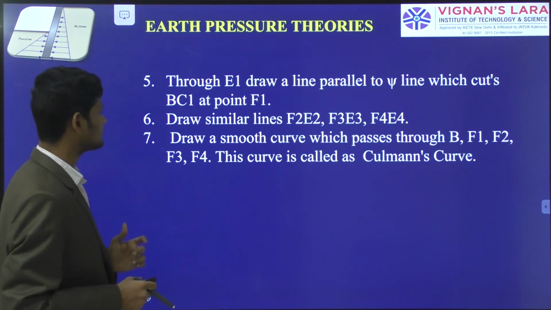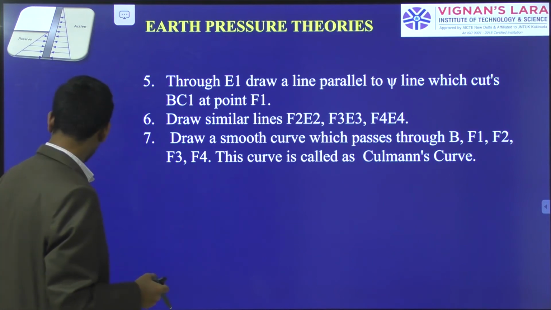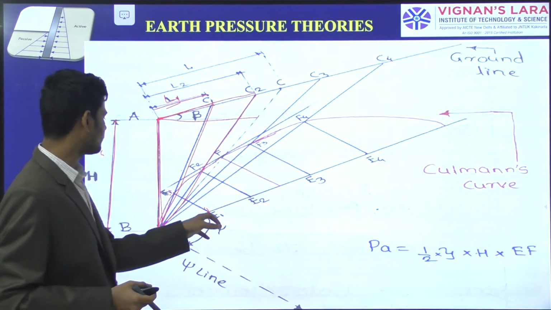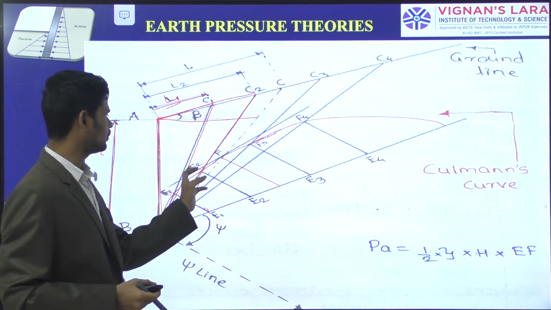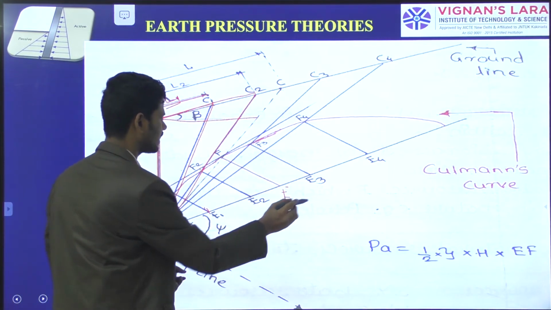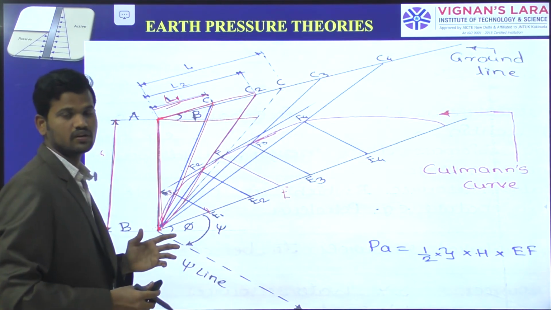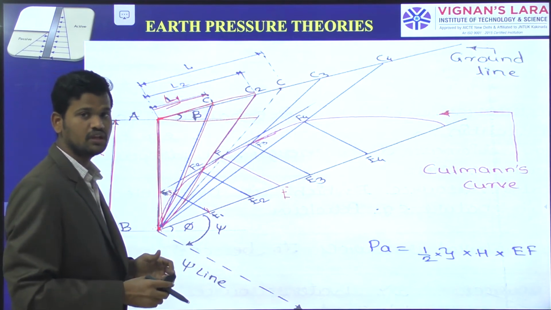Next draw similar lines F2E2, F3E3 and F4E4. And again if you observe here, from E1 to F1, E2 to F2 and E3 to F3, E4 to F4, such that the corresponding points are drawn.